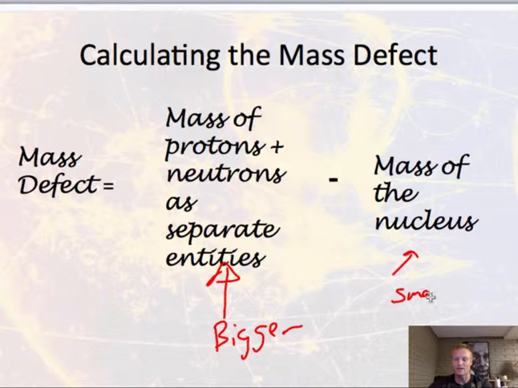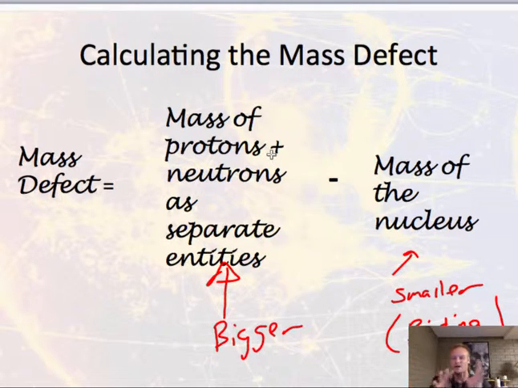This one will be smaller, and the reason why is this one's going to have that binding energy. It needs that strong force to keep it together. You can do it the other way around, but if you flip this, you're going to get a negative number, which is just kind of funky. I like positive numbers, so that's why I put it in this order: the mass of the protons and the neutrons by themselves minus the mass of the nucleus put together.